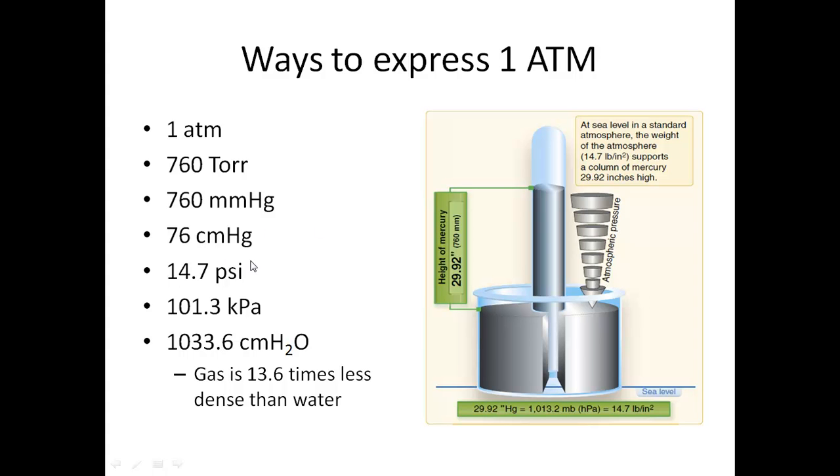So this PSI measurement is the measurement that you'll measure the tire pressure in maybe your bicycle or your automobile. For gases, pressure is directly dependent on the system temperature because of that effect on kinetic energy and on the gravitational attraction of the Earth.